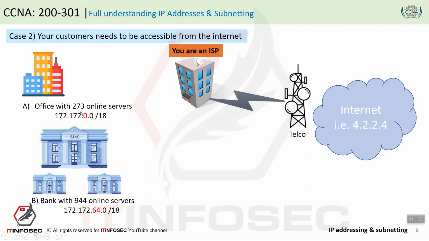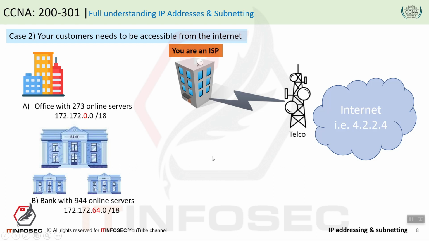The office with 273 online servers needs subnet address 172.172.0.0, starting that subnet from 0 with subnet mask /18.